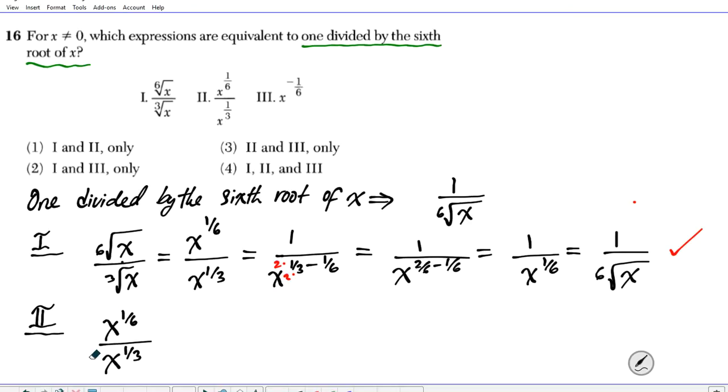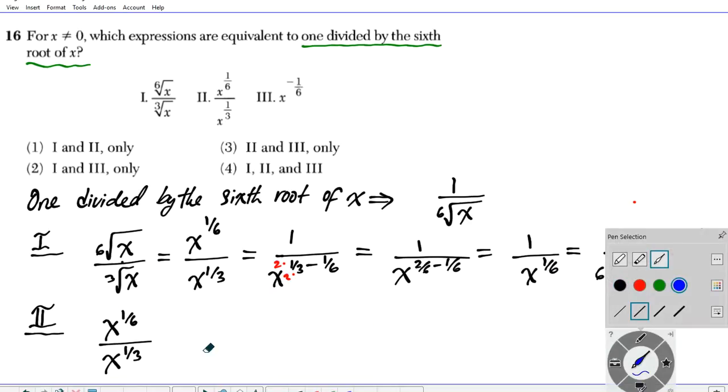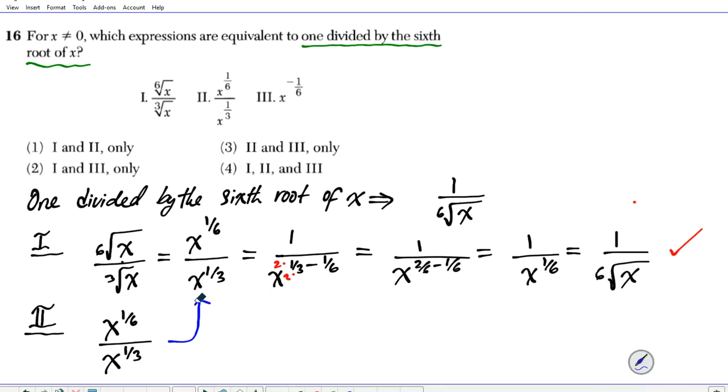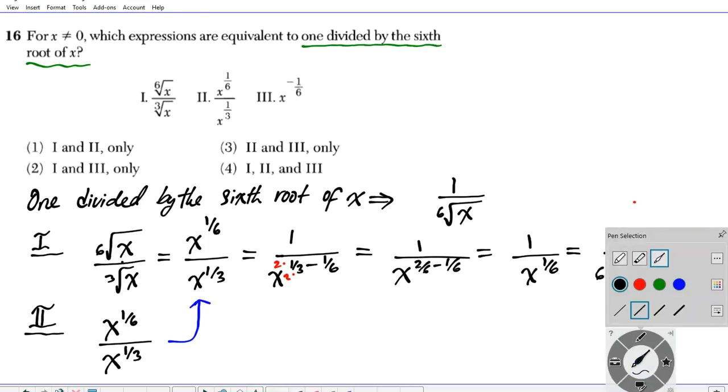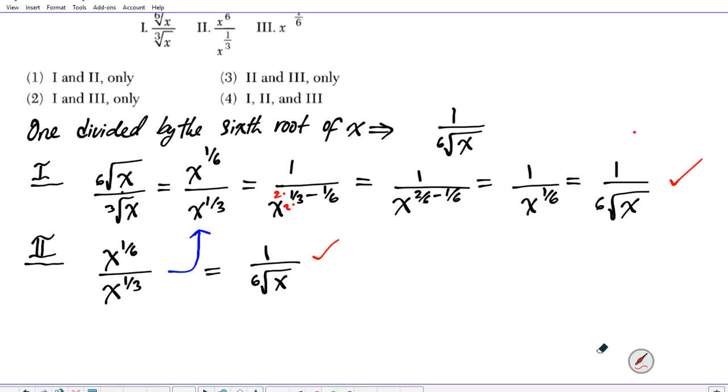Now if you take a look at what we have here and you examine the work that we did for part I, what you notice is this is exactly the same as the second step in part I. X to the 1/6 over x to the 1/3 when we express these radicals as fractional exponents. So what does that tell us? It tells us that upon simplification, this will be exactly 1 over the 6th root of x, which means option 2 is correct also.